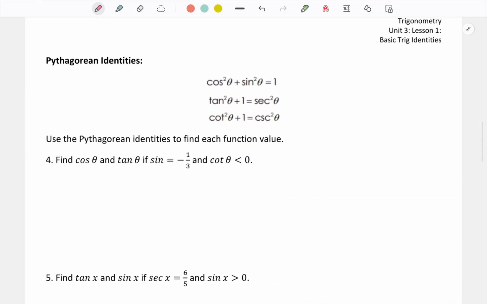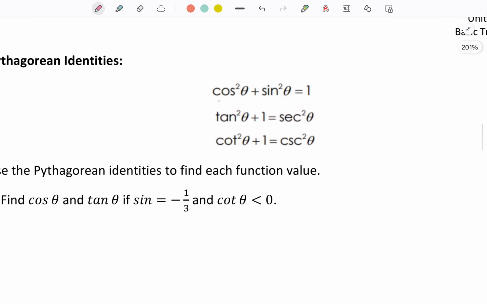So now let's talk about the Pythagorean identities. You have 3 of these that you will use this year. The top one is one that you need to make sure that you remember for calc, and it is probably the most common. So definitely make sure that you know this one.